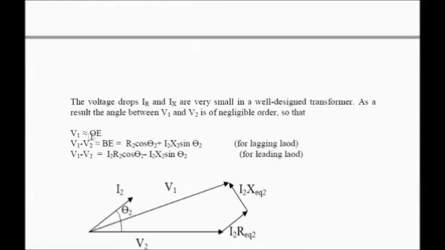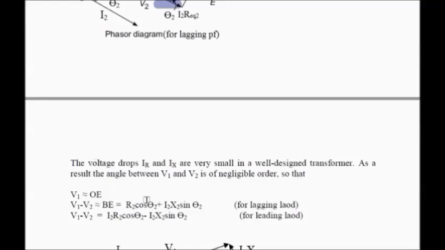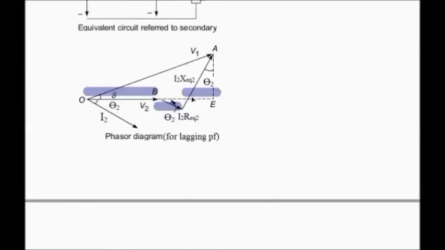So what we have is V1 minus V2 will be this BE, because OE is approximated to be V1, and OB is V2.